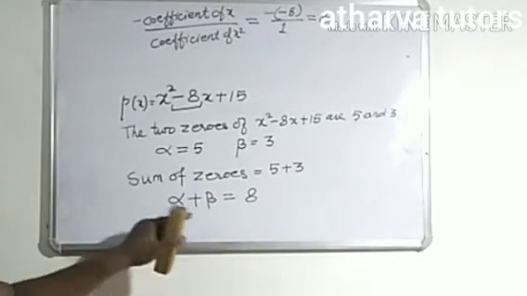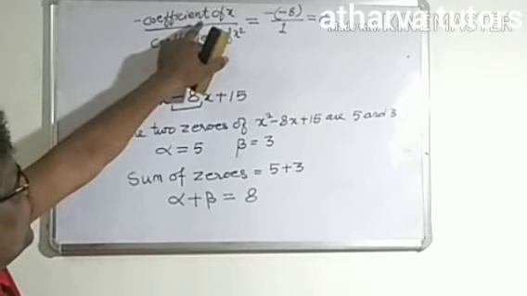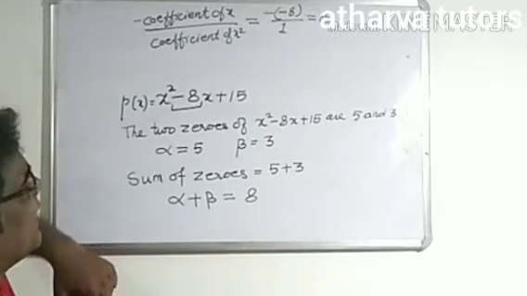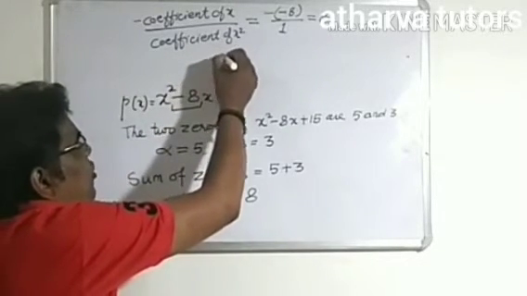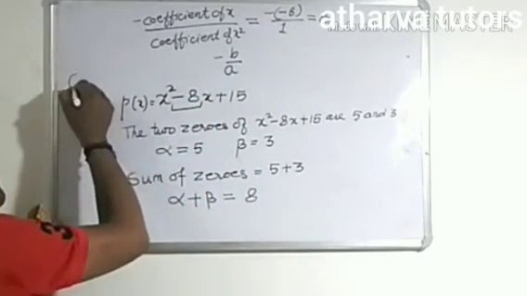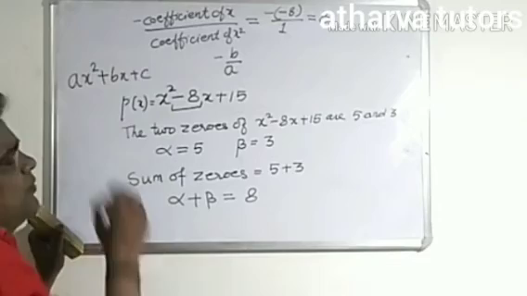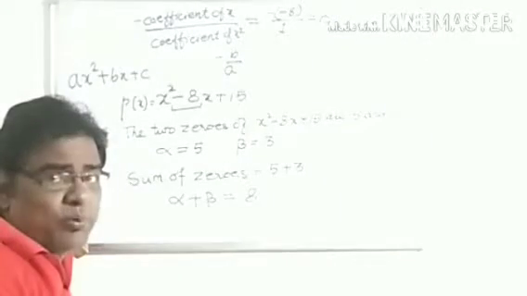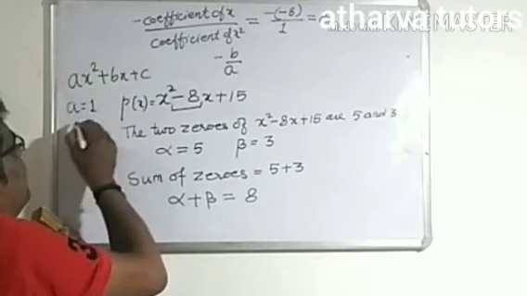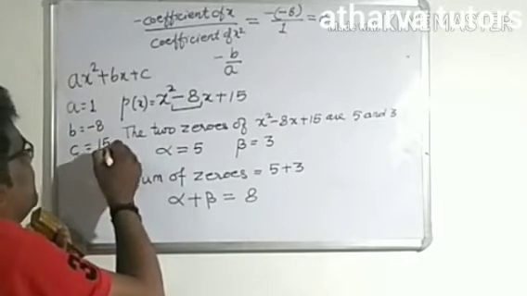So you see that the sum of zeros is equal to minus of the coefficient of x to the coefficient of x square. That is minus b upon a if I take the general term. If I compare the quadratic polynomial with the general form, I get a equals 1, b equals minus 8, and c equals 15.